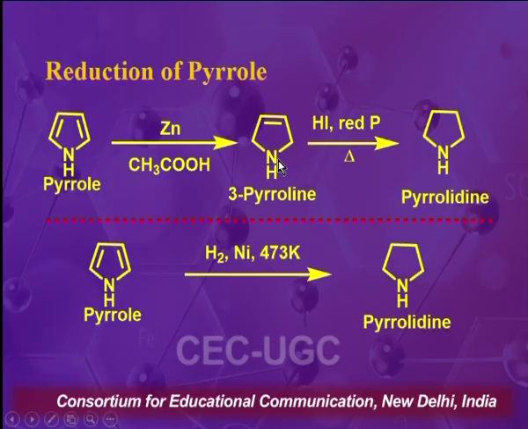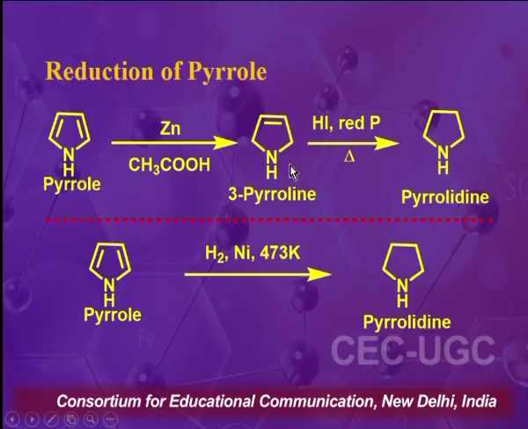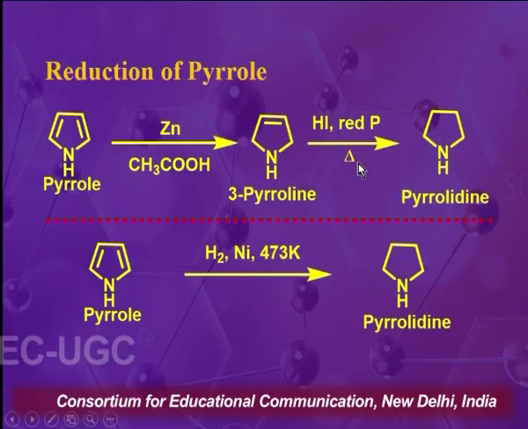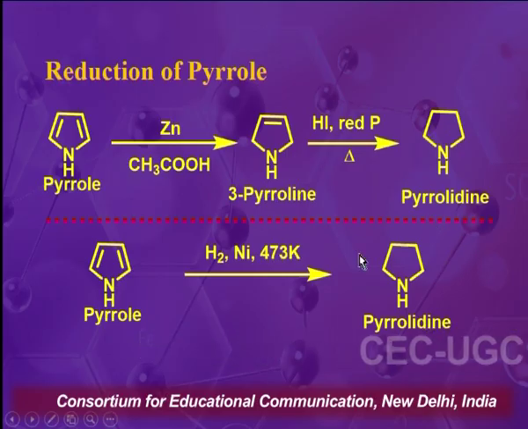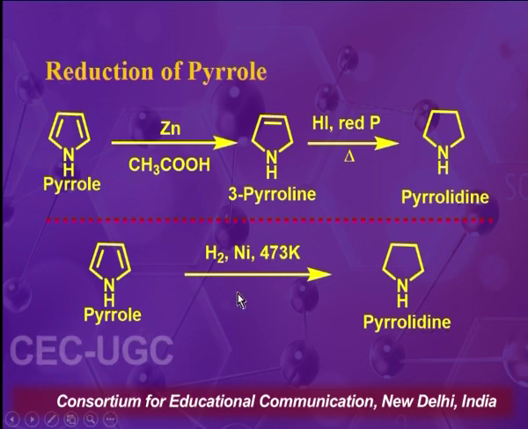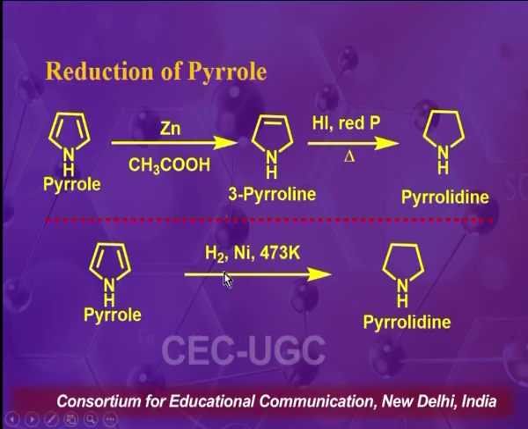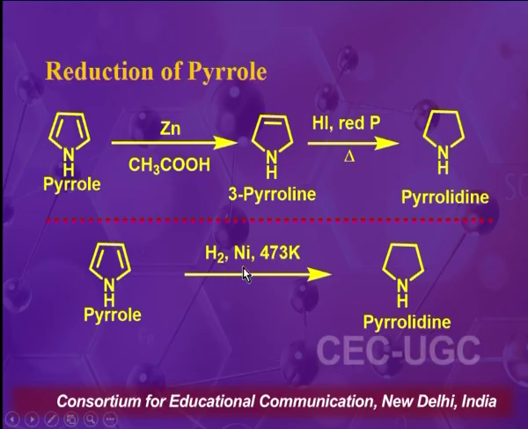This is a kind of partial reduction of pyrrole, and when we do further reaction with hydrogen iodide and red phosphorus, it will produce pyrrolidine. And direct formation of pyrrolidine is also available when we do the reaction with hydrogen in presence of nickel as the catalyst.